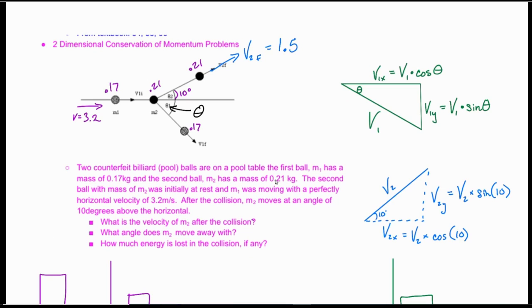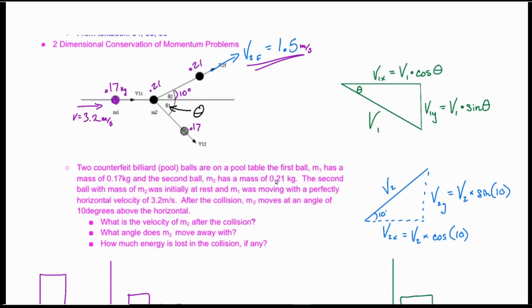So mass 1 is originally traveling to the right at 3.2 meters per second, and it has a mass of 0.17 kilograms. And it hits this black ball, M2. The black ball goes up at an angle of 10 degrees and with a velocity of 1.5 meters per second.